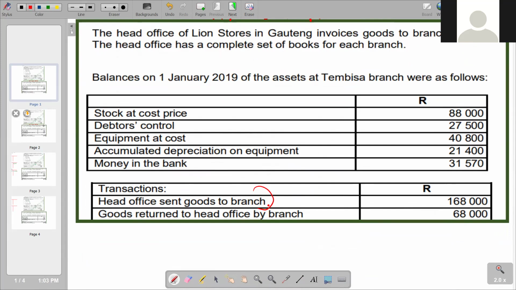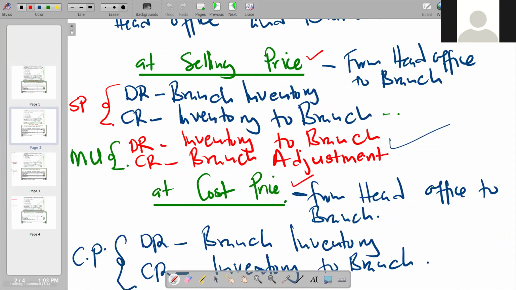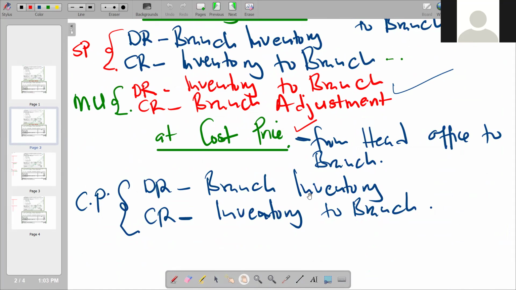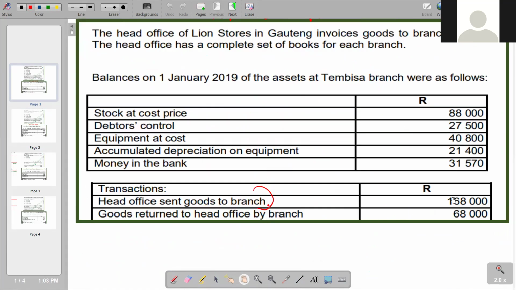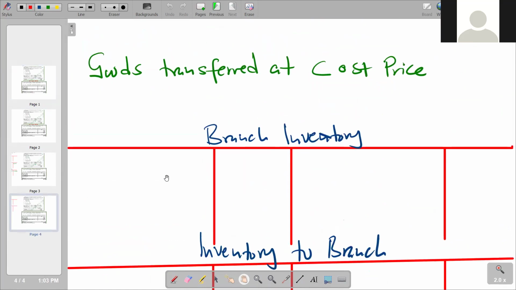So we are only going to do this double entry as indicated at cost price, whereby we debit branch inventory and we credit inventory to branch. And in this case, the amount is 168,000. So we go and make that double entry. This is now at cost, whereby we debit branch inventory, and it's supposed to go to inventory to branch.